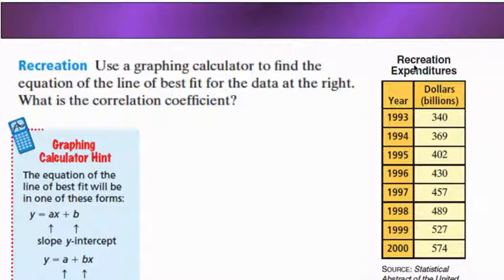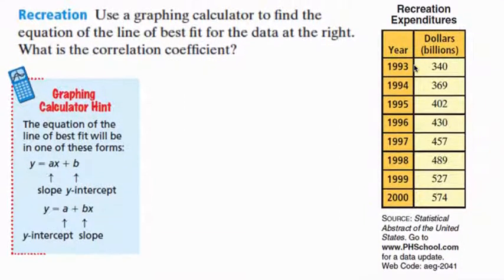In 1993, $340 billion. Now, I don't know, this might be with respect to the actual whole United States. If we look here where it says source, Statistical Abstract of the United States. So this is how much money was spent in the United States in 1993 on recreation expenditures.